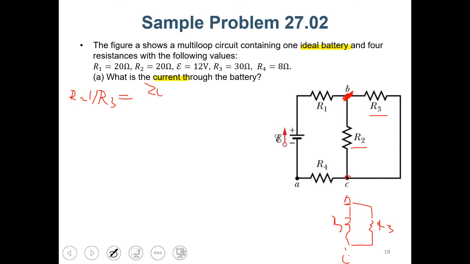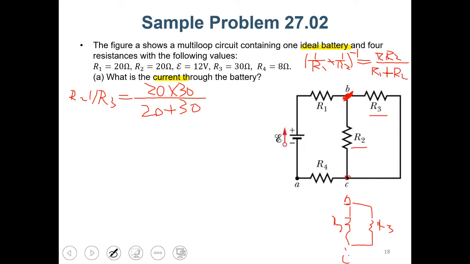R2 parallel R3 is something like 20 times 30 over 20 plus 30. This is the simplest case, because as long as you take the parallel resistance of two resistors, it is R1 times R2 over R1 plus R2.